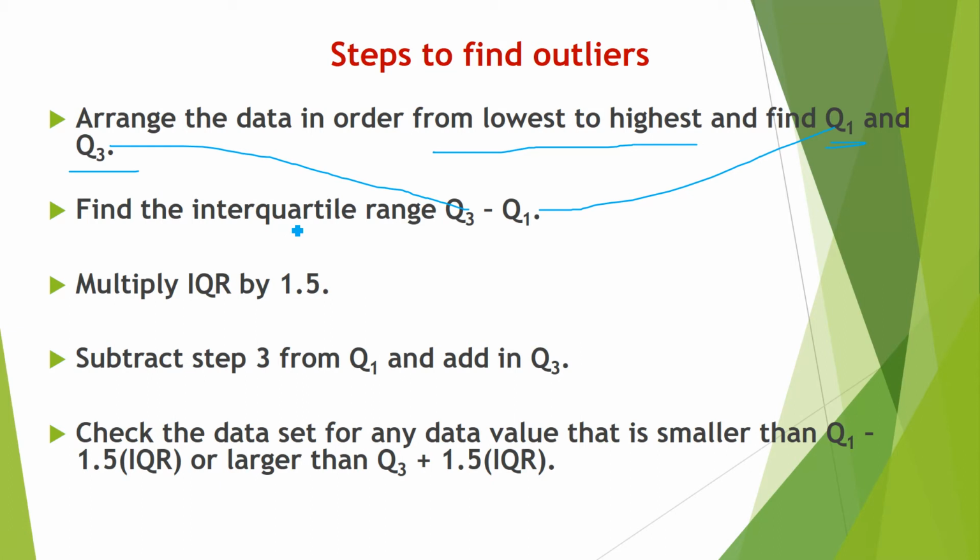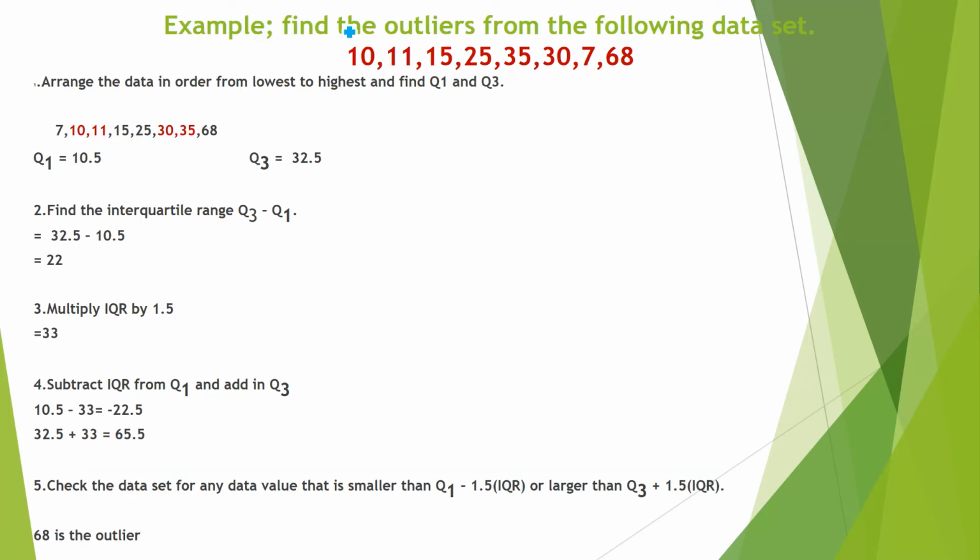Then whatever is the answer in step 2, you have to multiply by 1.5. Then in the fourth step, whatever is the answer of step number 3, you have to subtract from Q1 and add to Q3. Then we will find out what the outlier is. I will show you all these steps one by one in this example.